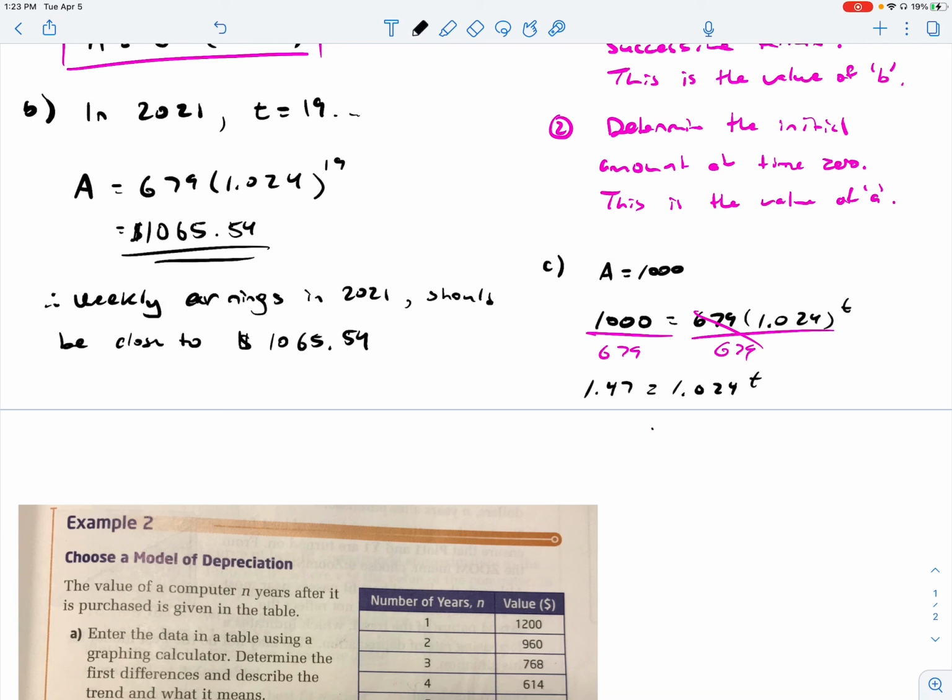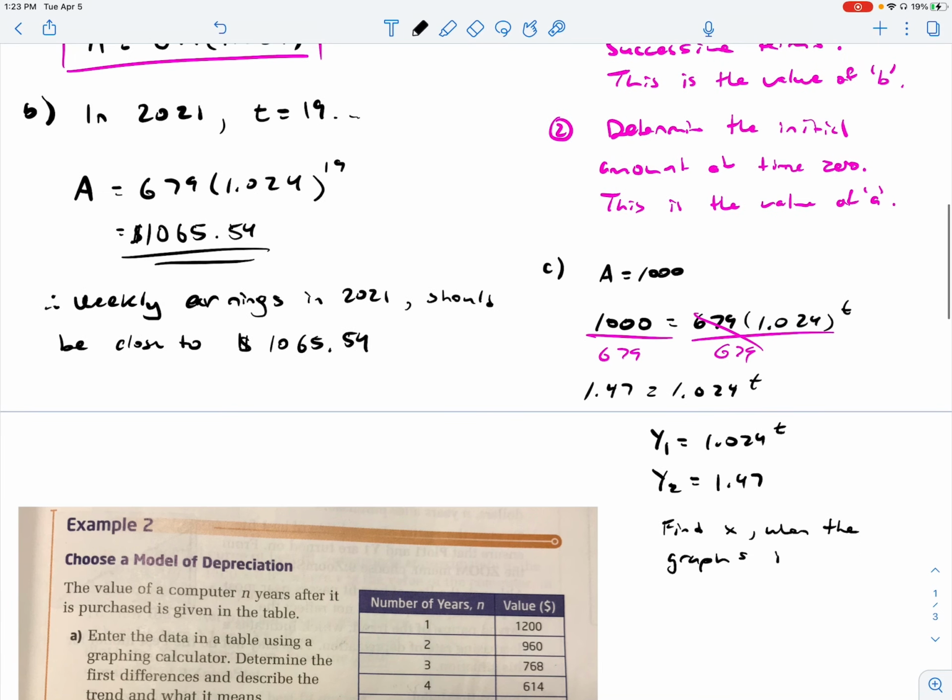So you can graph the exponential part first, and then graph a second equation, which is the left side, and then find the intersection point. So I'll say find x when the graphs intersect. And that's going to be your solution. Okay, that's a great way of solving these.